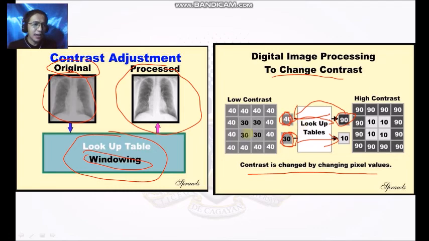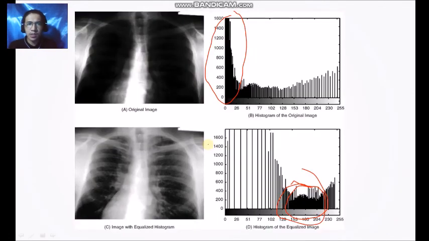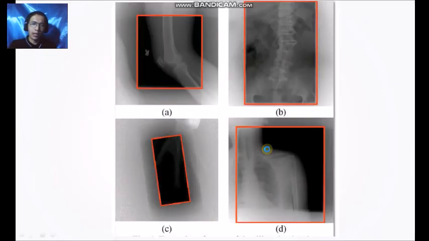Going back to the histogram, instead of having a very dark image, your image now becomes more grayish, more equalized in its grayness. There are no very dark portions, and no very light portions. So the gray levels are almost equalized, which would of course represent the true anatomy of the organ.